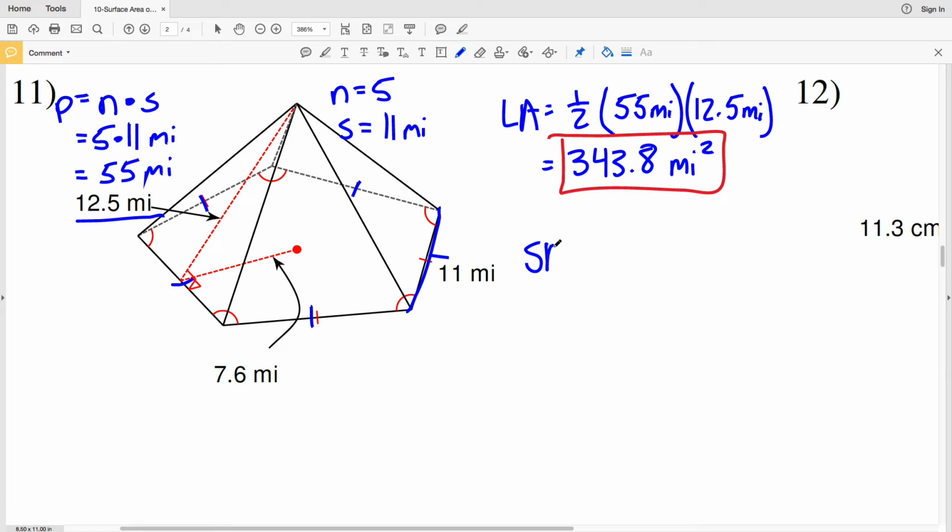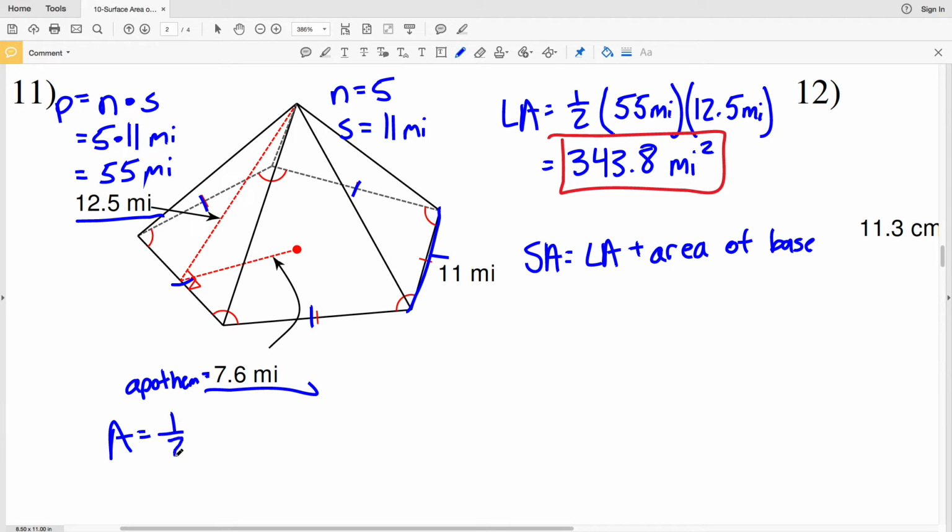Now for surface area, it's the lateral area plus the area of the base. Note that we're given the apothem, which is 7.6. So the area of the base we can calculate as 1/2 of that apothem of 7.6 miles times the perimeter, which we calculated to be 55 miles.